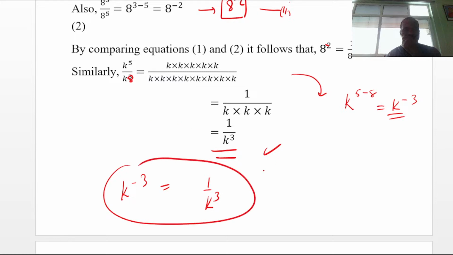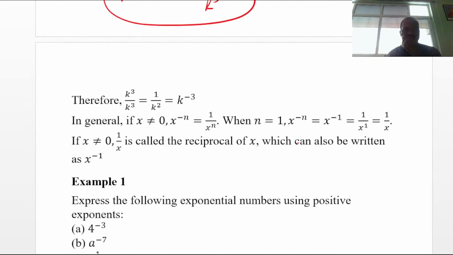Okay? So these are the details regarding negative exponents. You have to be in a position to understand the concept of negative exponents. That's why we say that k power 3 over k power 5 is 1 over k squared.